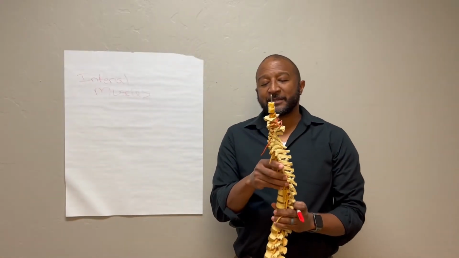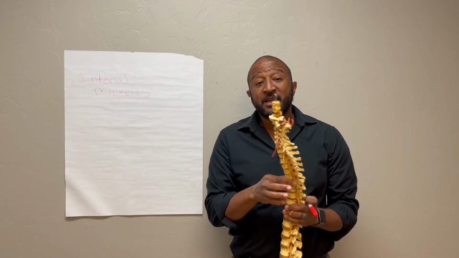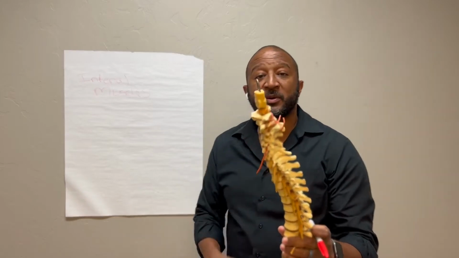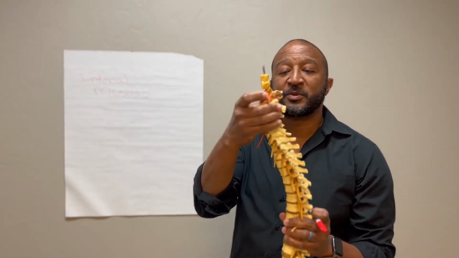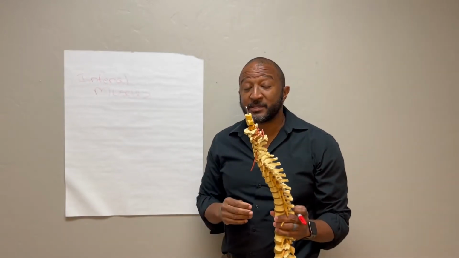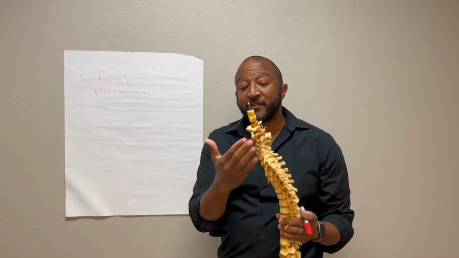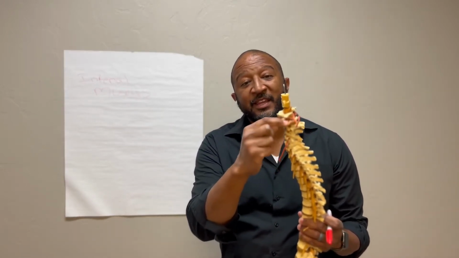When we look at the spine, in the neck, we have 7 individual bones. It's very easy for one of those bones to start to move out of position. And when one of those bones moves out of position, that can cause pain just because things are out of position. But we can have other issues. We can have a nerve issue, because when one of those bones moves out of position, it can then affect that nerve.